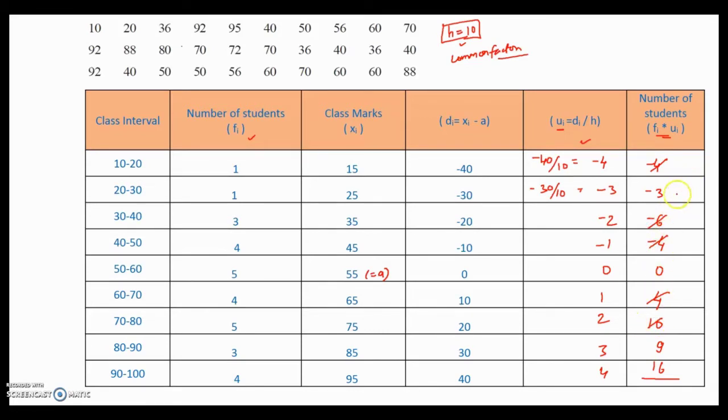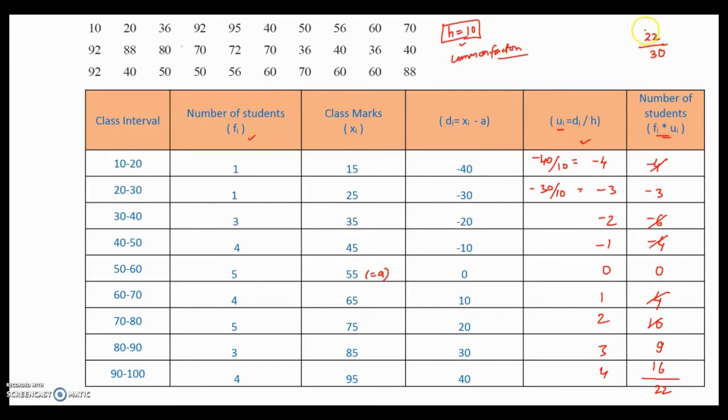Remaining is 9 minus 3, which is 6, plus 16, which is 22. Now once you have got 22, you divide it by the number 30. So 22 by 30 is the new ratio you would be interested in.